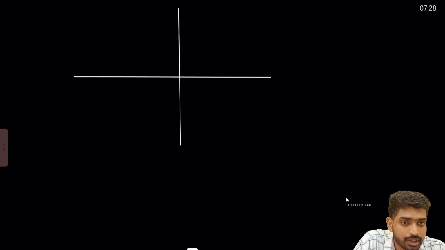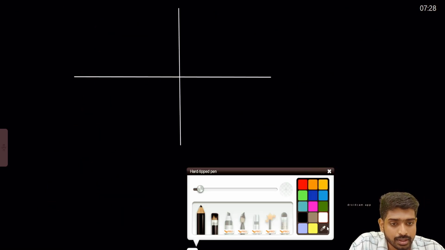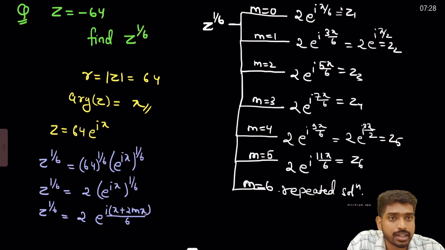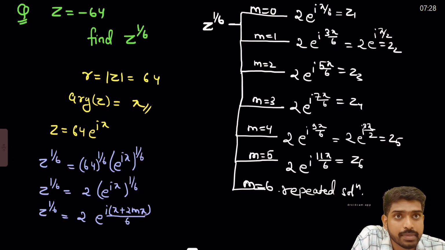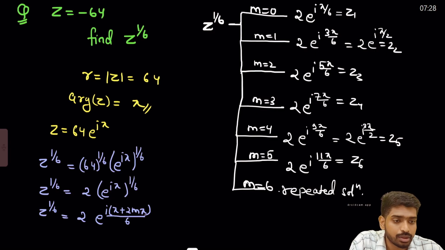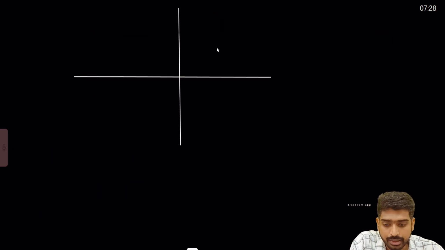So see Z1, what is the argument of Z1? Pi by 6 means 30 degree, right? And the magnitude is 2. So if I plot, we'll get a regular hexagon.